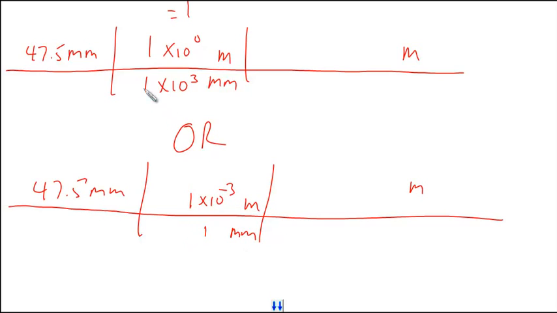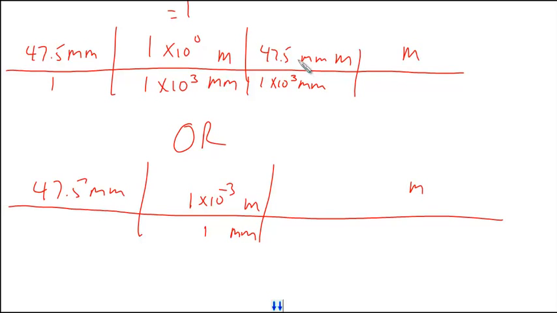So let's do it both ways. Set 47.5 multiplied by 1, which equals 47.5. Now we have millimeters multiplied by meters. It's understood to be a 1 here, so we have 1 times 10 to the 3 millimeters.